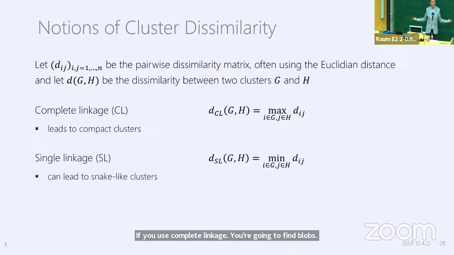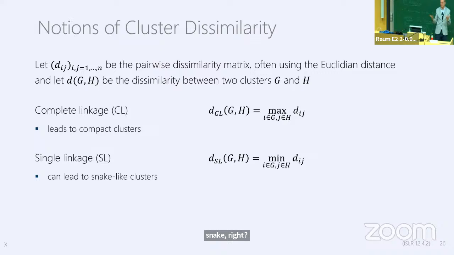You tell the algorithm, find me blobs, and it's going to find you blobs, and you're like, oh my God, I found blobs. Does this mean that the data is truly blobby? No, it might be a snake in space. But to discover the snake in space, you need to use single linkage. Now, if you use single linkage on blobby data, you're going to find a weird snake. So there is not really a perfect answer.